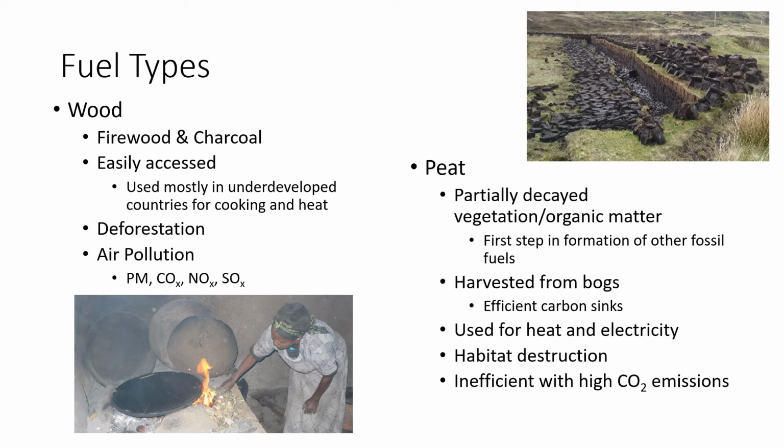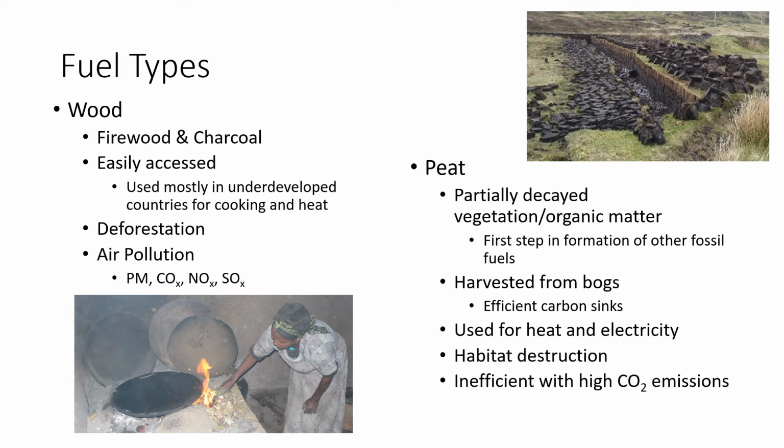So COx, NOx, and SOx. And remember that that x denotes a number. So in carbon monoxide, it would be CO, imagine the one, or CO2. So depending on what number you're looking at.